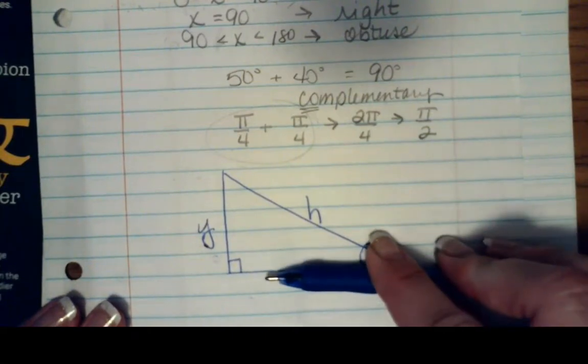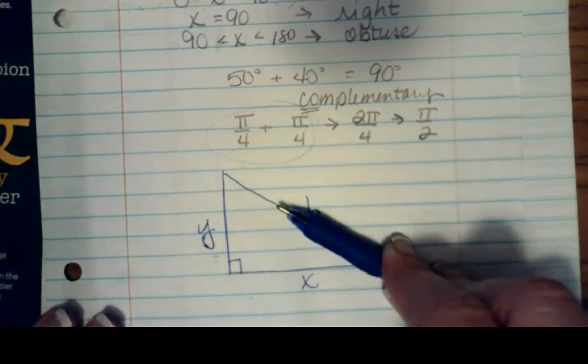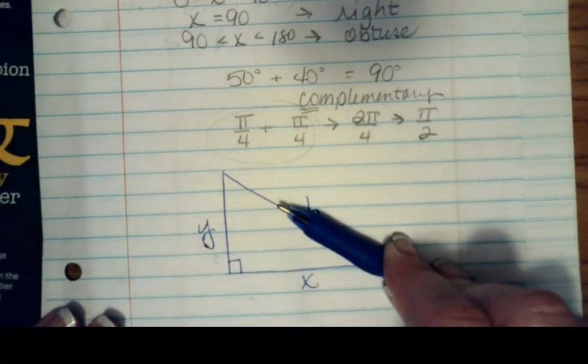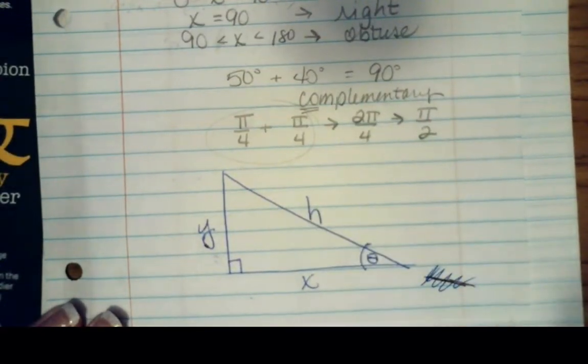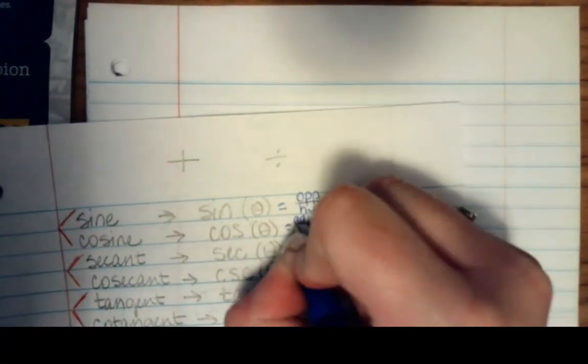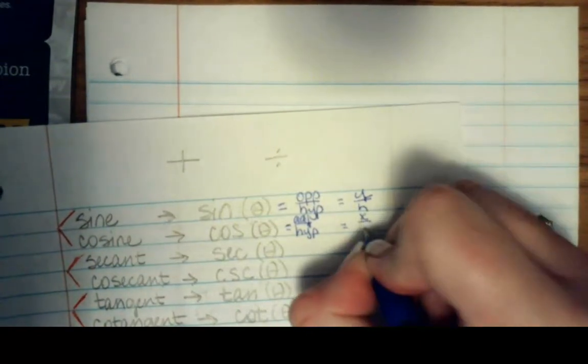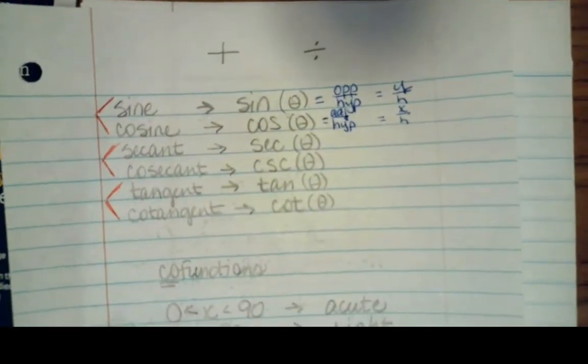And this side must be the adjacent side, because this side, by definition, is the hypotenuse. Okay, so this one is going to be adjacent. So I'm going to say ADJ over hypotenuse, which I could also write as x over h. I should have skipped lines, sorry.